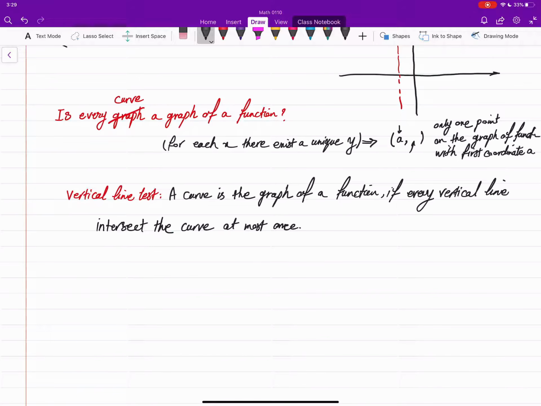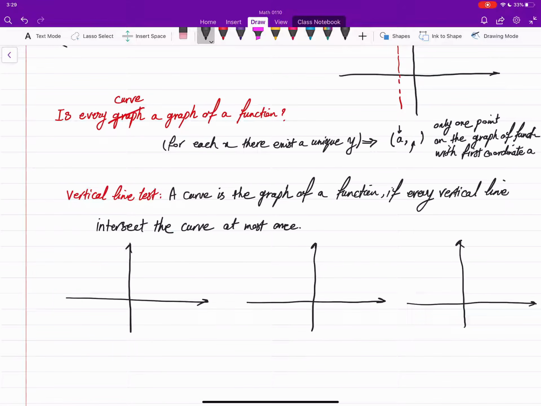As an example, let me draw some graphs. If I have a graph like this one, or like this, or like this one here, let's see which one is the graph of a function.